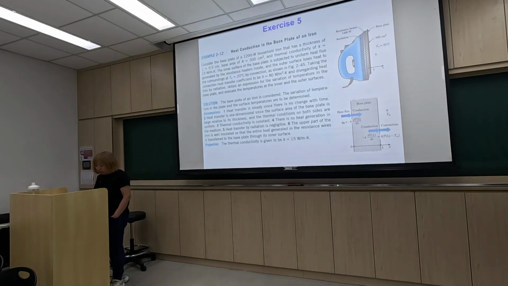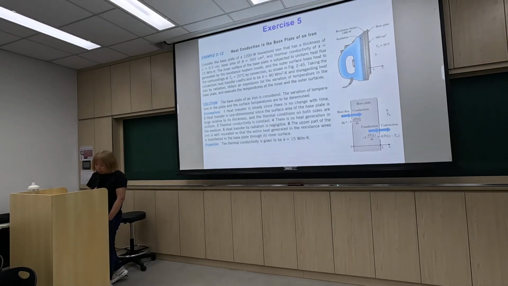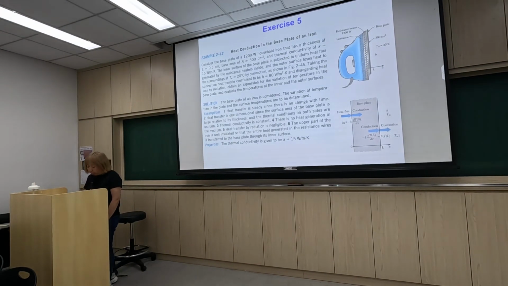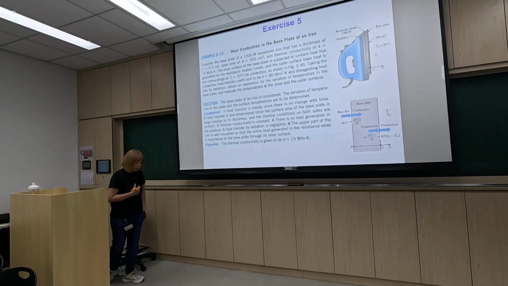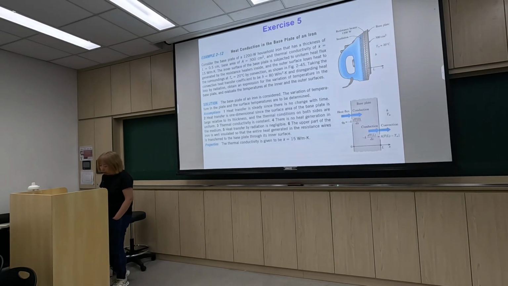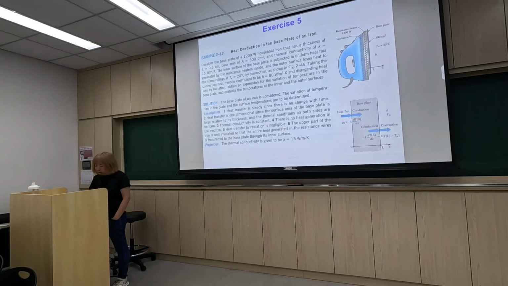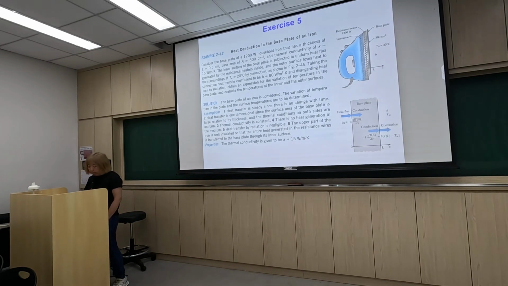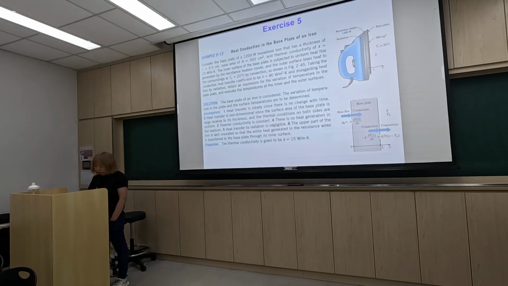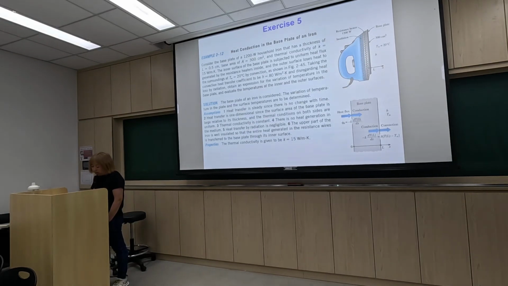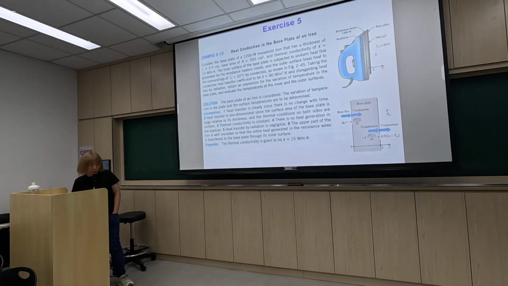Take the convection heat transfer coefficient to be h equals 18, and so on. It says to disregard the heat loss by radiation. So in this case, we only talk about conduction and convection. We don't care about radiation. Obtain the expression of the variation of the temperature, which is the temperature distribution, and evaluate the temperature at the inner and outer surface.